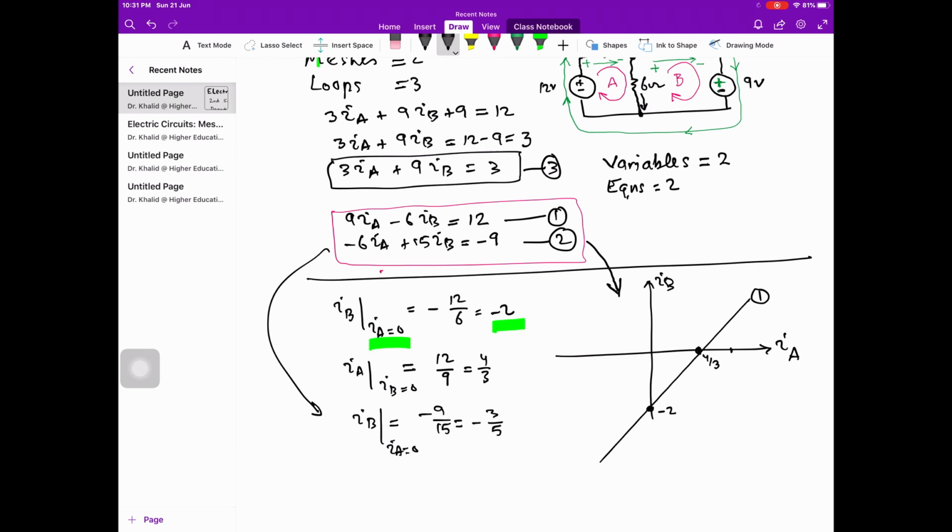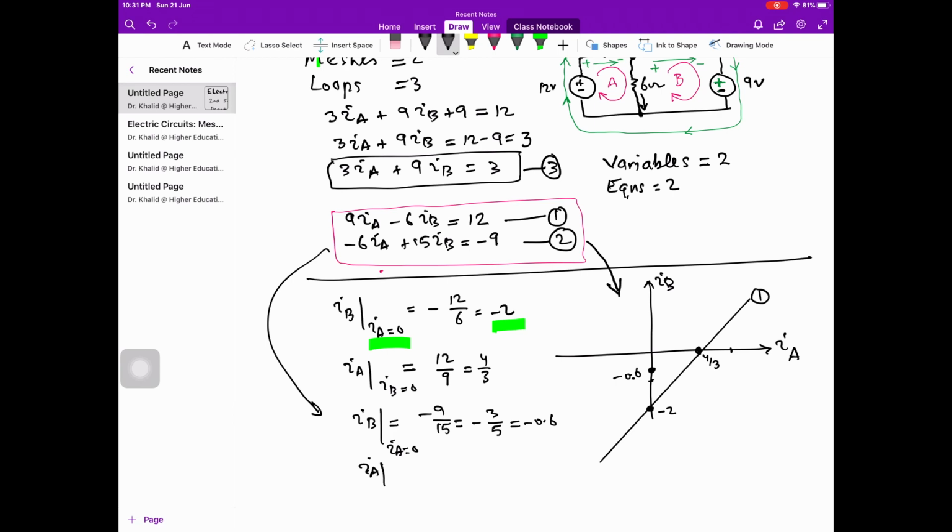So this 3 over 5 is 0.6, so this is minus 0.6. Where is the point on this axis? IB minus 0.6. This is 1, so let it be this. So IB is minus 0.6 while IA is equal to 0.